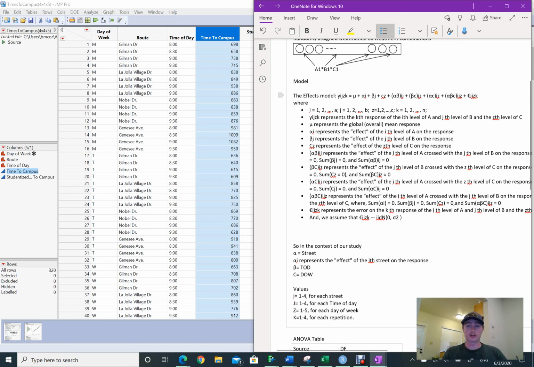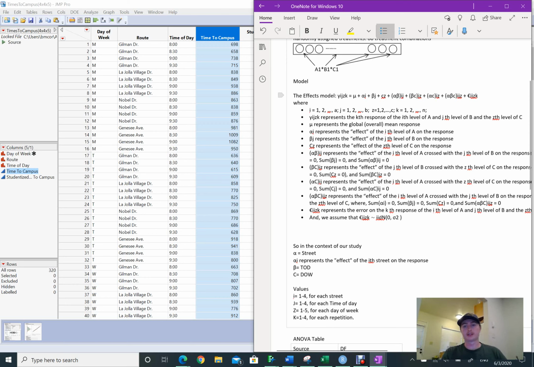And then next we're going to look at the interaction terms. The interactions are between each pair of factors. The alpha beta ij is the interaction term for the cross between street and time of day. That's similar for beta C, where it's time of day and day of week, and then alpha C is street and day of week.